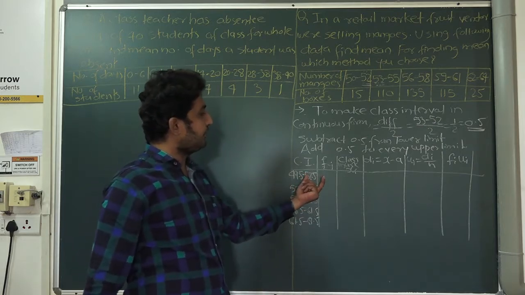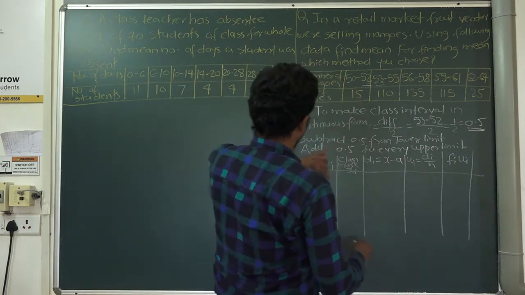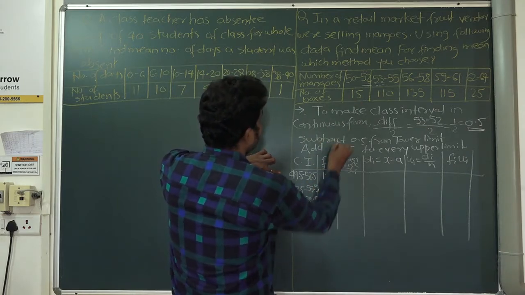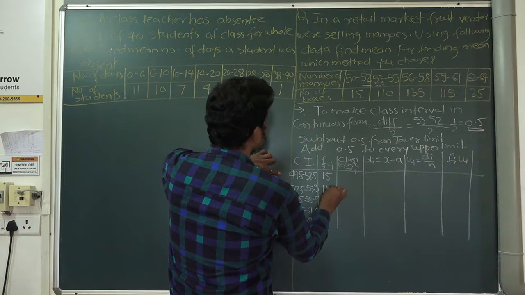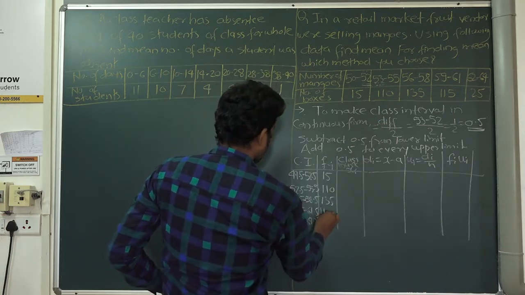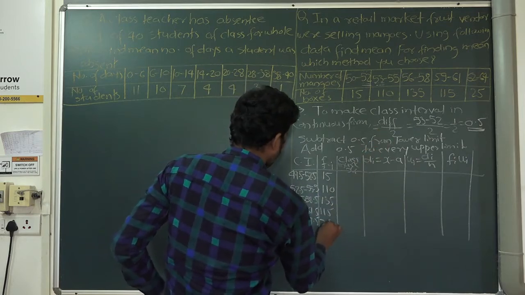Now, what are the frequencies, dear students? They are given. For the first class interval, the frequency is 50. Next 110. Next 135. Next 115. Next 25.